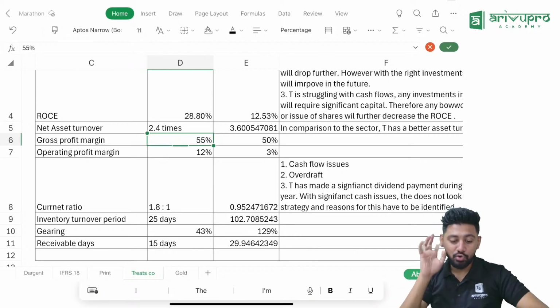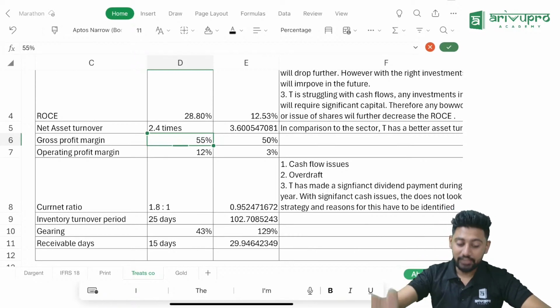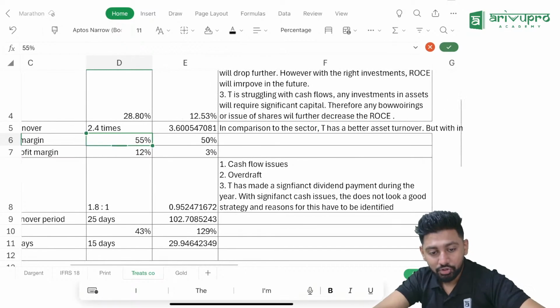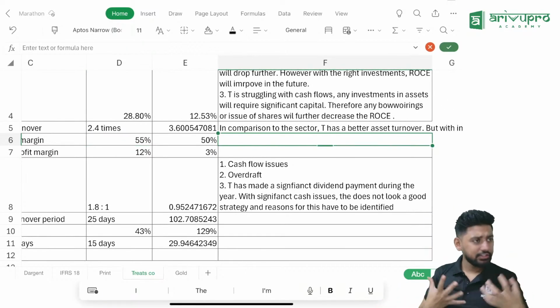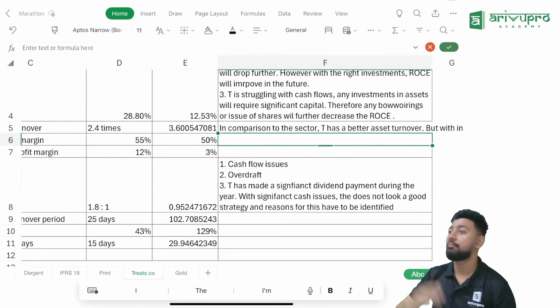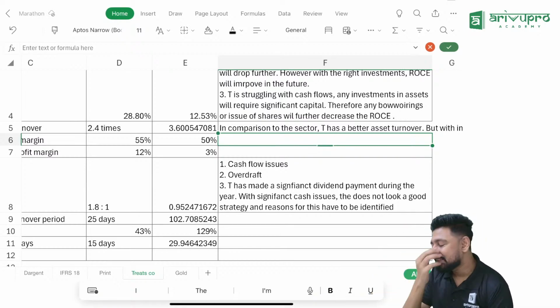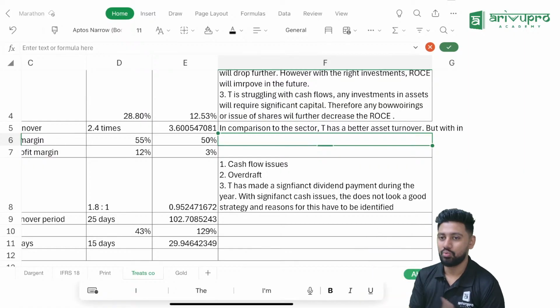So now I have a fair idea of what is happening. Now I'm going to slowly start answering. My gross profit margin, compared to the sector, I'm okay. I'm not bad. But is the comparison great? No. You understand my point?